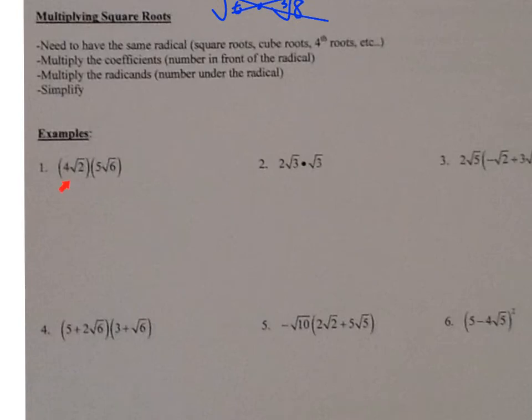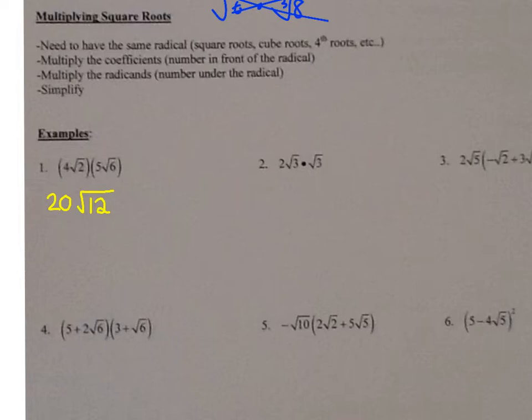We have 4 the square root of 2 times 5 the square root of 6. So we're going to multiply 4 times 5. Those are the coefficients. And we get 20. And then we have the square root of 2 times the square root of 6 is the square root. So notice I said square root, right? Square roots will give you another square root of 12.